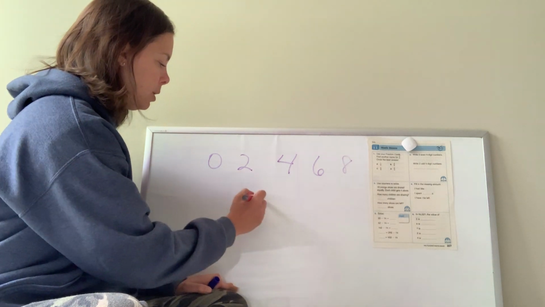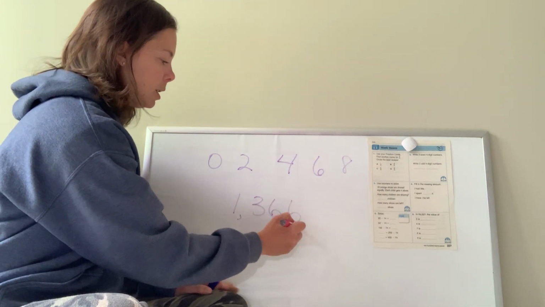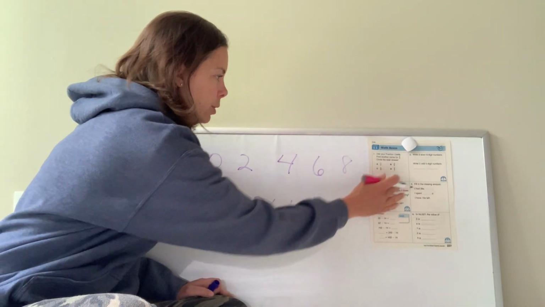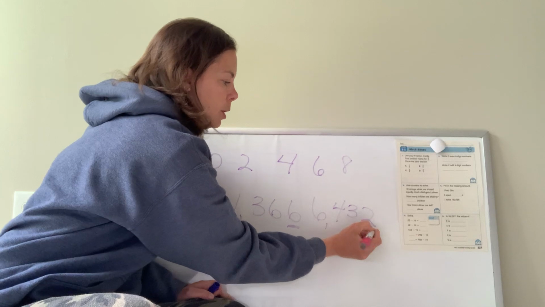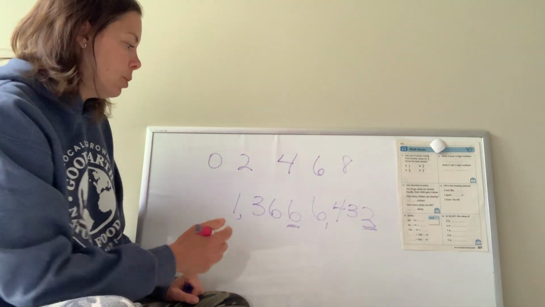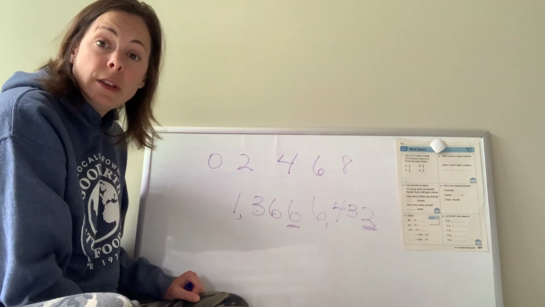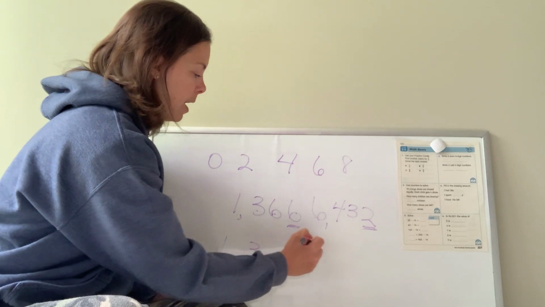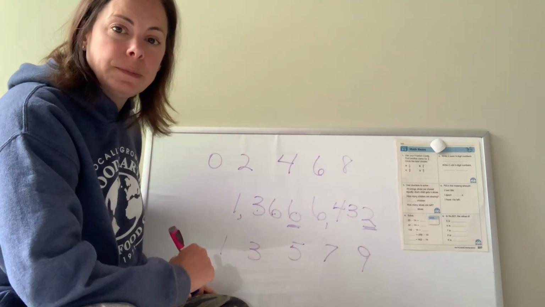So I could do 1,366 even. 6,432 even. Now write 2 4-digit numbers, so 1, 2, 3, 4, that are odd. So they're going to end with 1, 3, 5, 7, or 9.